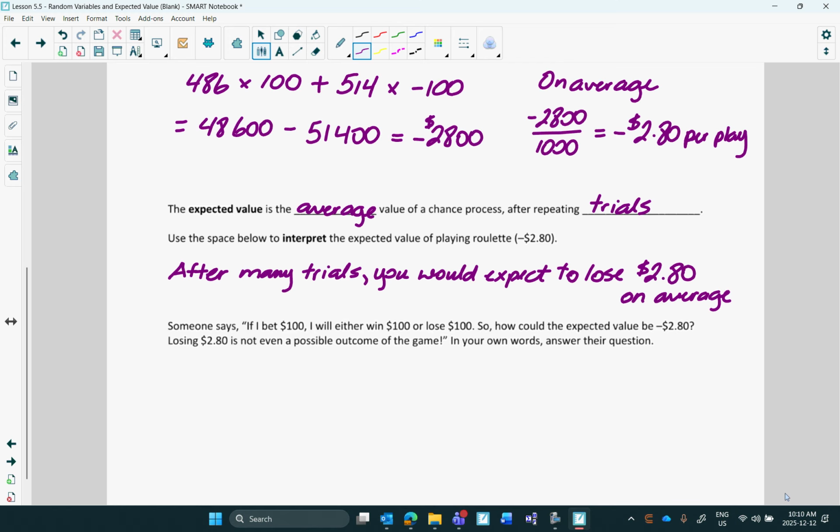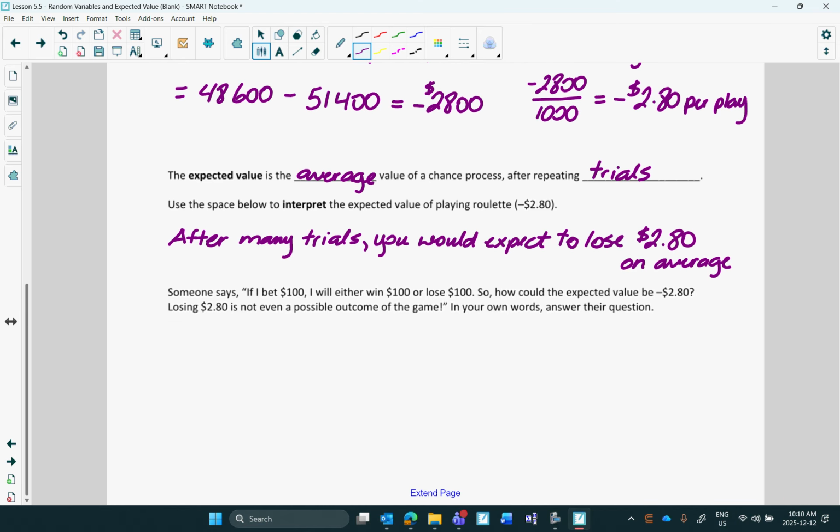And we've already answered this question. Because you don't lose $2.80 per spin.